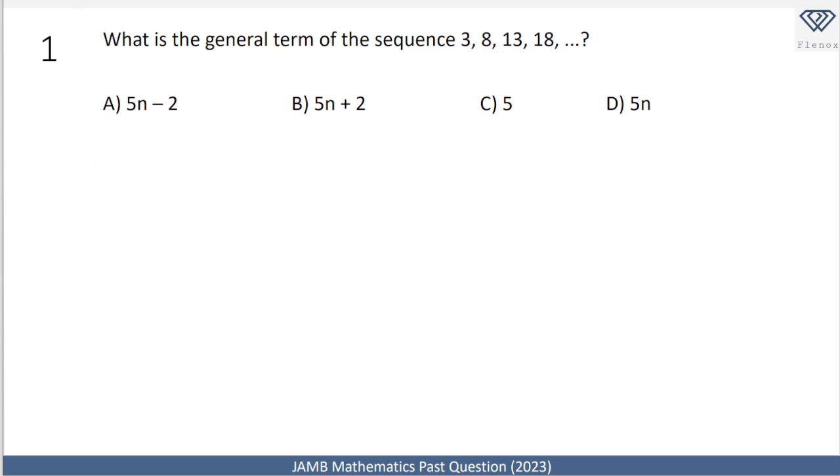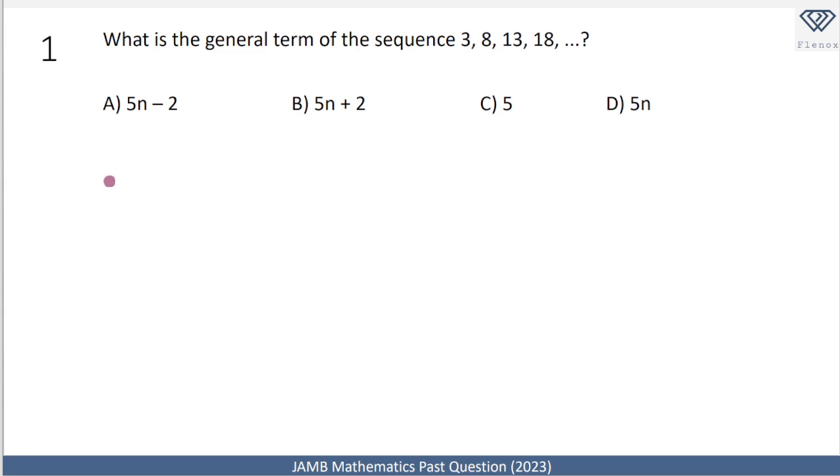So the first question says: what is the general term of the sequence 3, 8, 13 and 18? Now this is a pretty straightforward question and there are different approaches to solving it, but for this purpose I'm going to be making use of a quick approach.